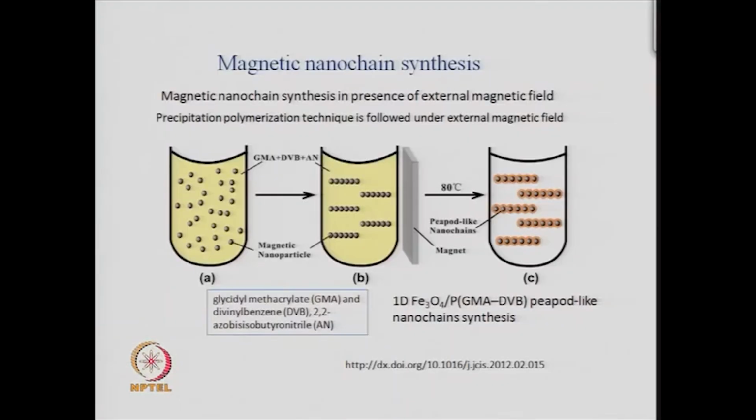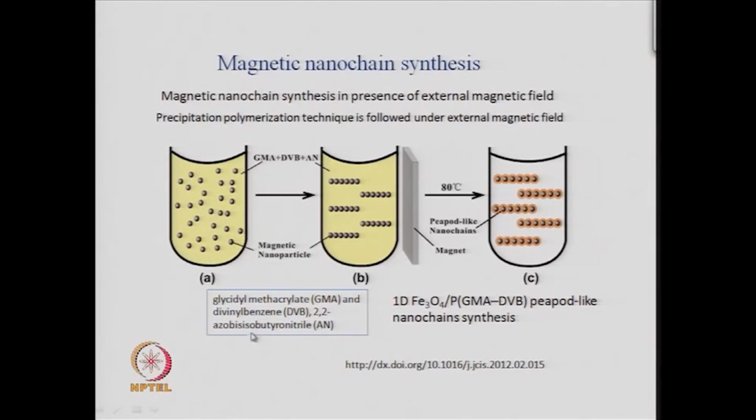So, this is one process where you create magnetic chains. So, magnetic nano chain synthesis, how do you do this in the laboratory? That is of importance. So, what people have done, they have taken some magnetic nanoparticles. These black spheres are magnetic nanoparticles and can be iron oxide, and then they are put into a solution of some chemicals which can be polymerized.